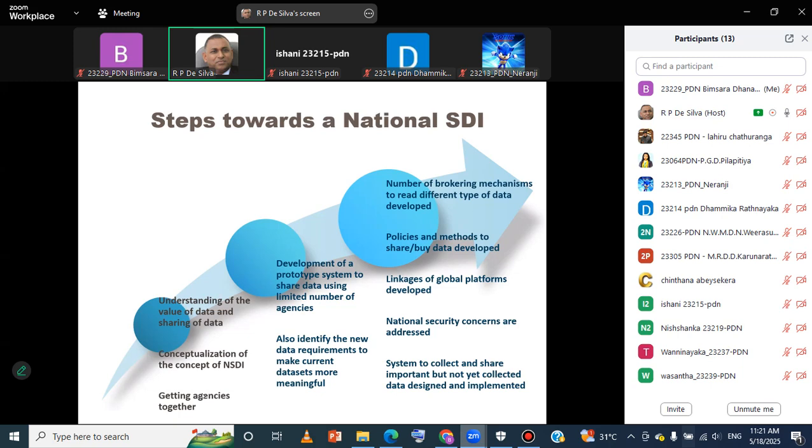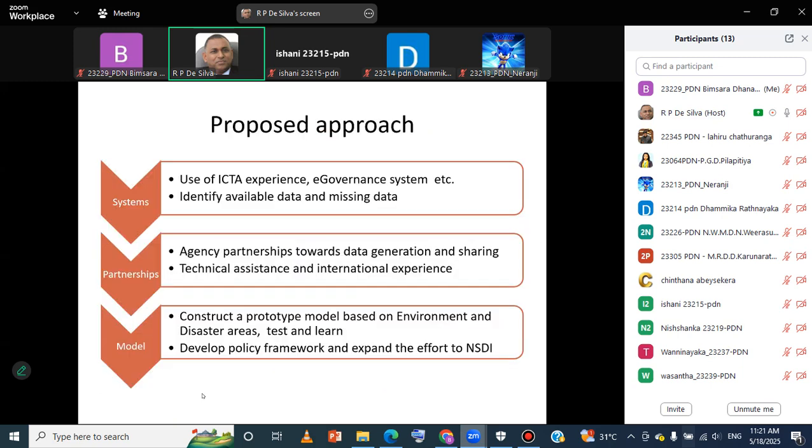So this is the kind of way forward. For Sri Lanka, the proposed approach is the use of ICT experience, e-governance systems, identify available data and missing data. We need to develop partnerships, agency partnerships towards data generation and sharing, technical assistance and international experience.